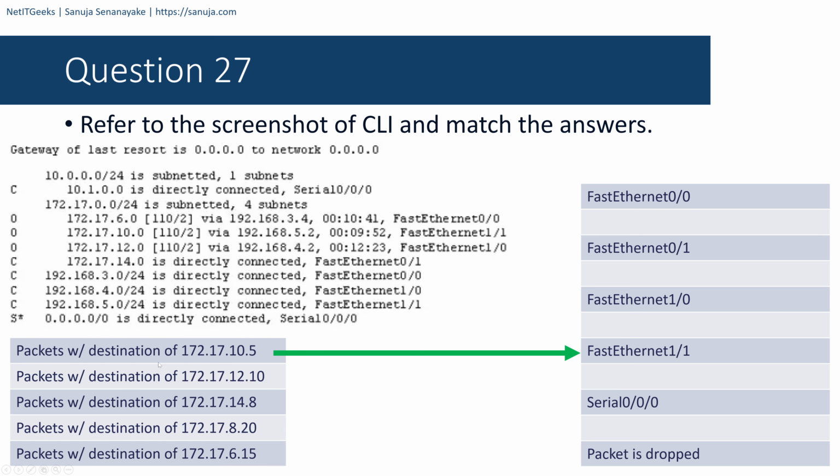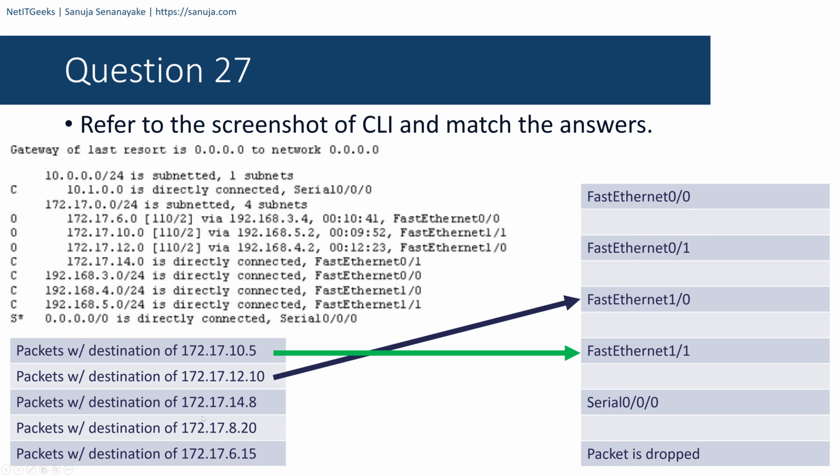So using the same logic we used previously, based on this CLI screenshot, 12.10 is associated with 172.17.12.0, so it has to be FastEthernet 1.0. So it has to go with this one. So that's the answer: a packet with destination 12.10 will go out of FastEthernet 1.0. That's where it's going to be going out of.